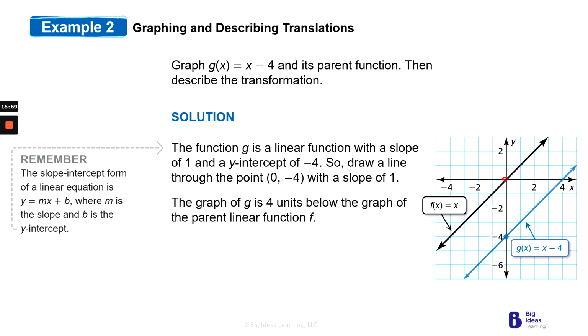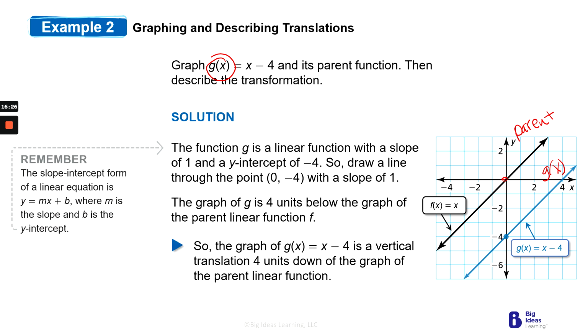Okay. So this is our parent function, and they use g of x, so I can say this is g of x to show that that's the transformation. Good, easy. We can move on.